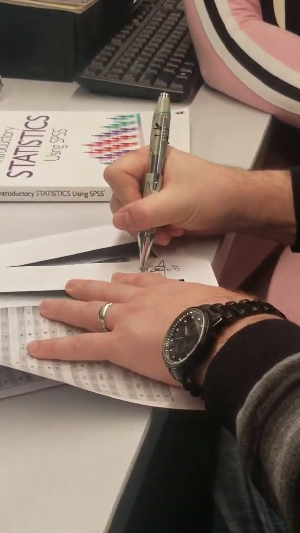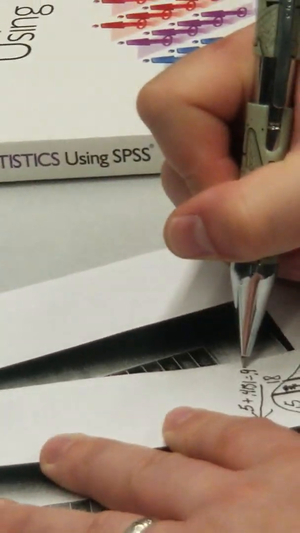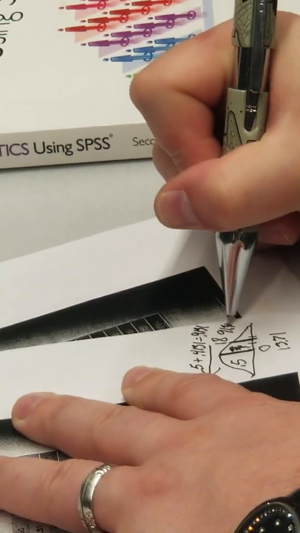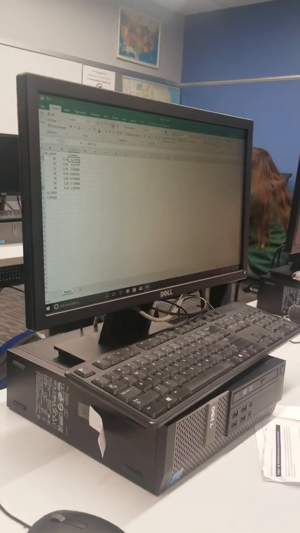Then we just add that to our 0.5, and that would be 0.9131 or 91.31%.